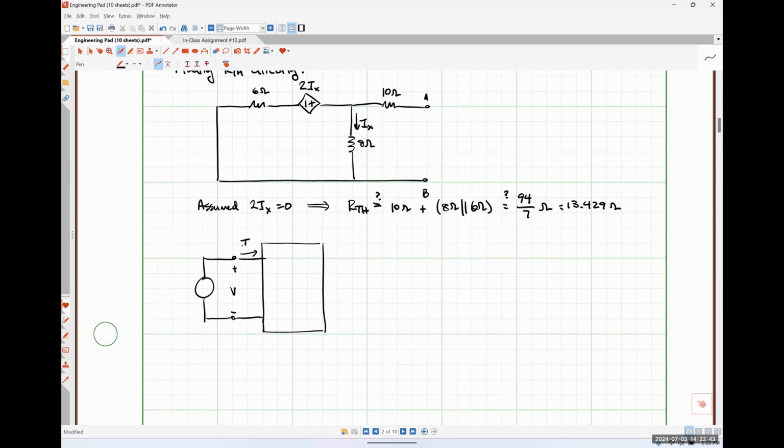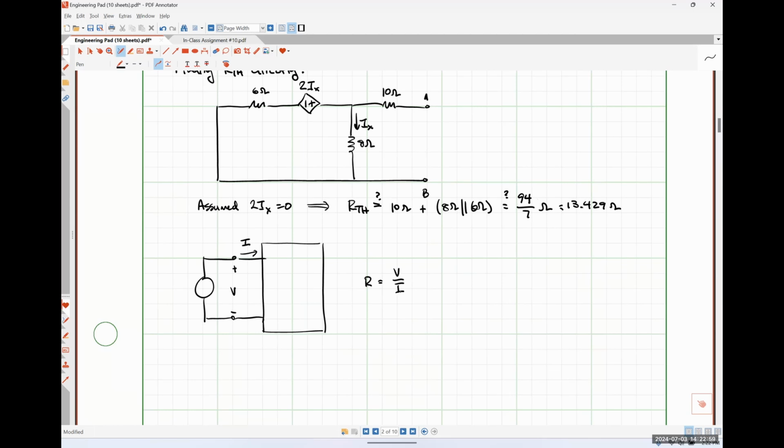We measure the current flowing into the network, the resistance of the network is simply the ratio of the voltage across the terminals of the network divided by the current flowing into the network.